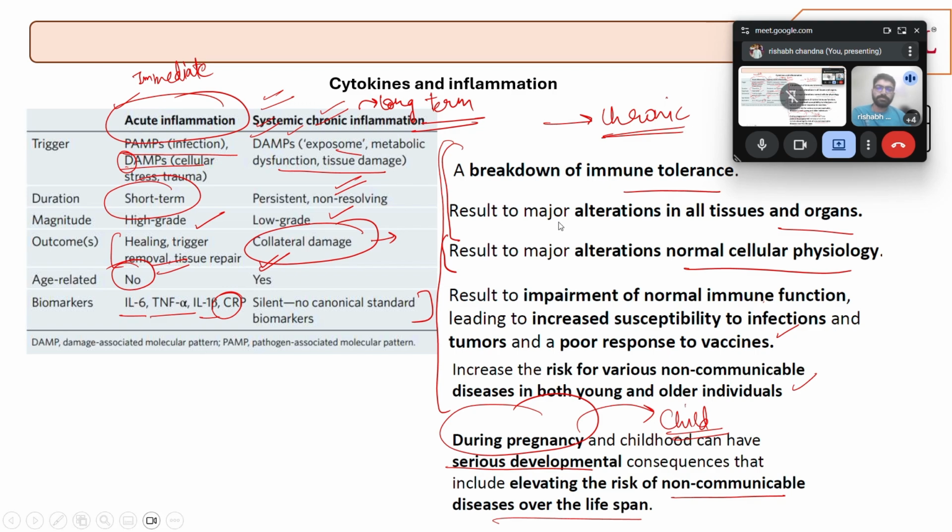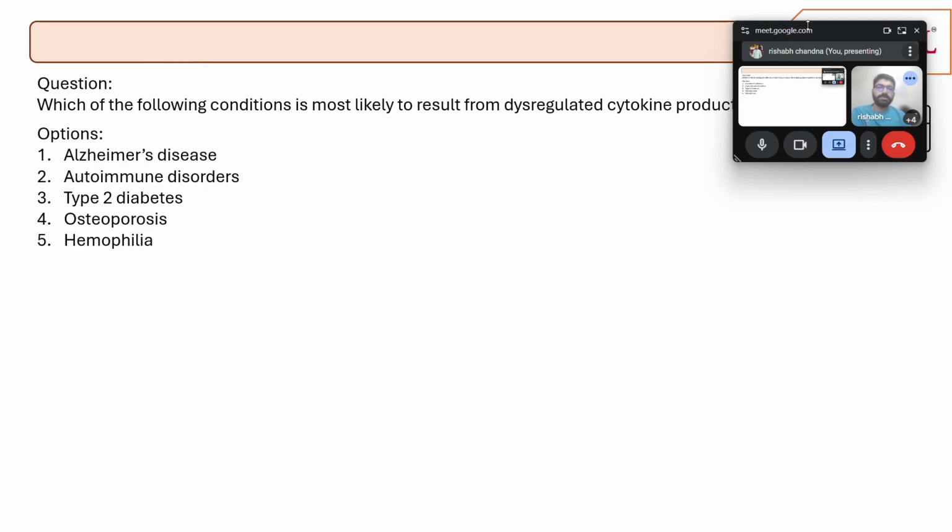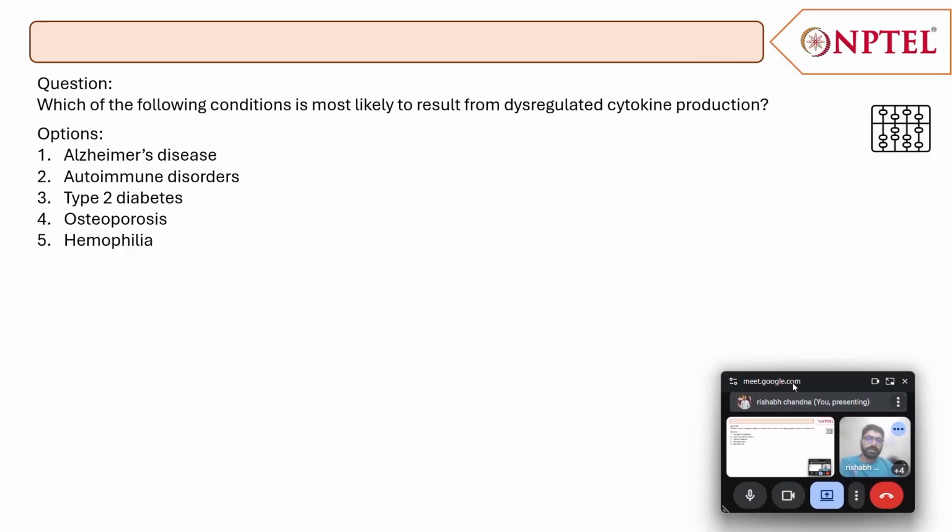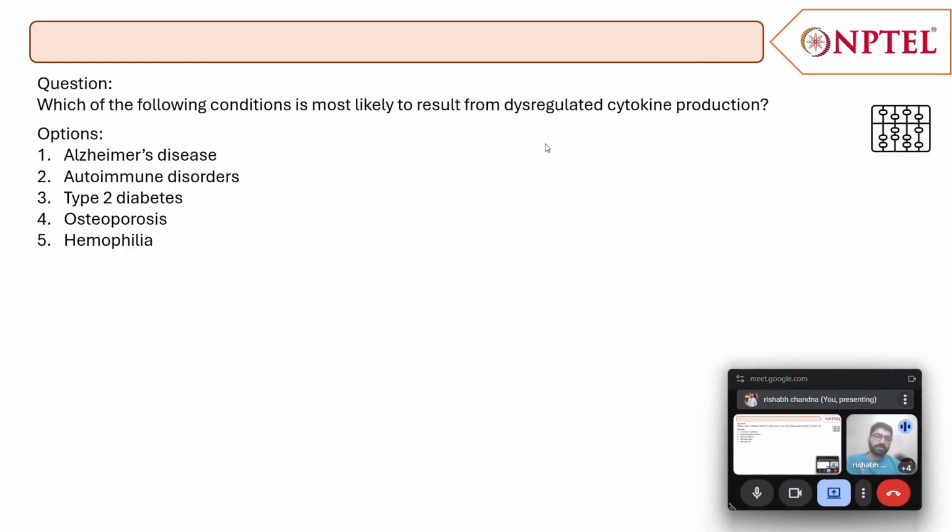Okay, so let's move on. Which of the following conditions is most likely to result from dysregulated cytokine production? So, what can be the correct answer?